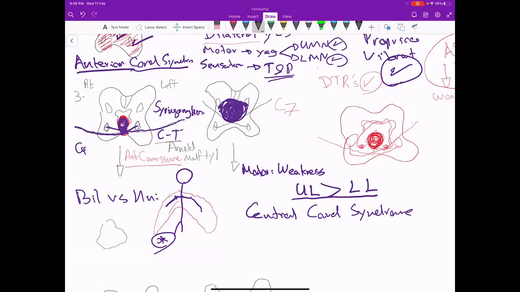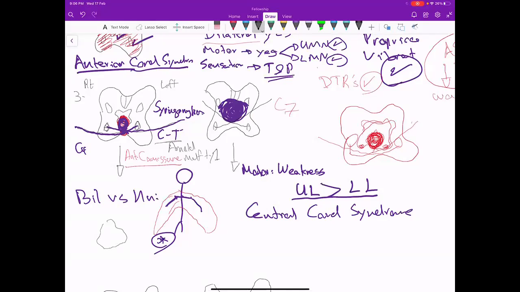So you can get a case telling you there's something wrong with the cerebellum. But even if they don't tell you that, there's a classic disease that only affects the spinothalamic tract in a cape-like distribution: syringomyelia.